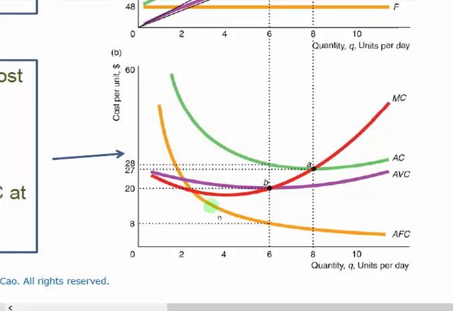That's exactly this orange line. Okay, the orange line is the distance between the green line and the purple line. In other words, as the quantity increases, you will see the average cost line and the average variable cost line start to get closer and closer. Even though they won't really touch each other, they will get really close as you produce extremely large quantities.